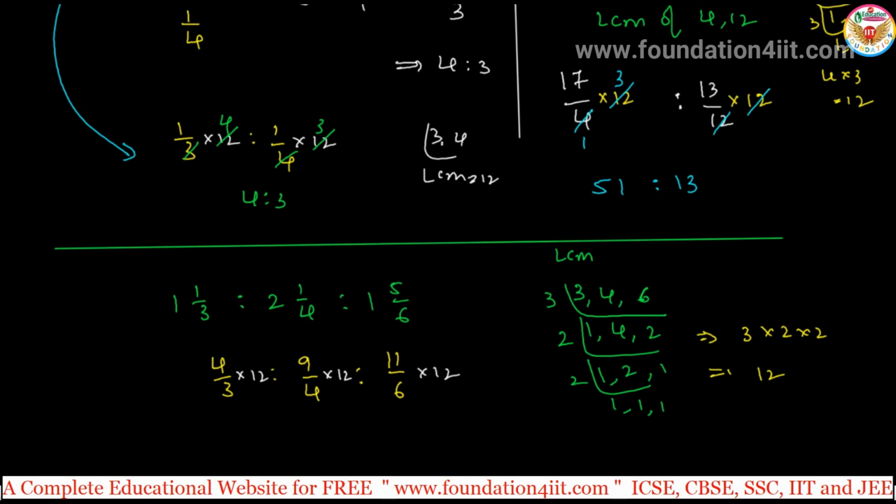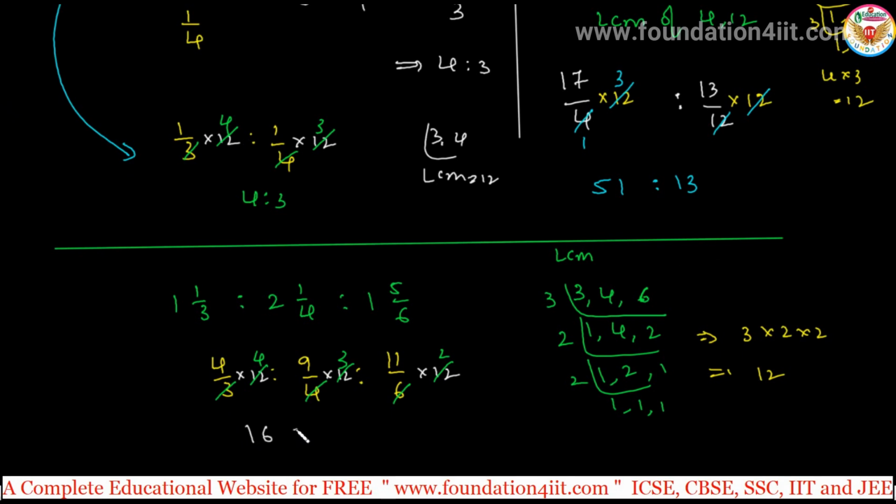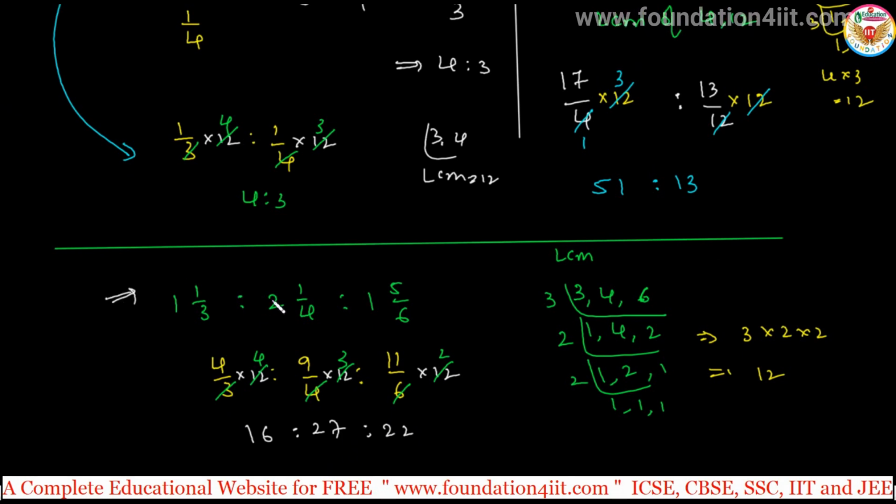Then you will not get a fraction, you get a whole number directly. You can simplify this. 3 times 1, 4, 4 threes, so 6 twos. Then finally 4 fours are 16, 9 threes are 27 and 11 twos are 22. 16 is to 27 is to 22 is the whole number ratio.